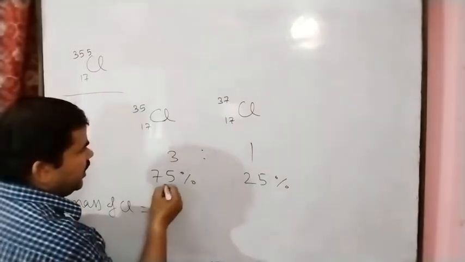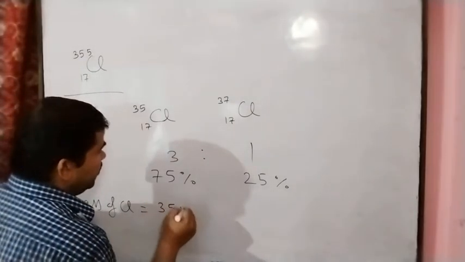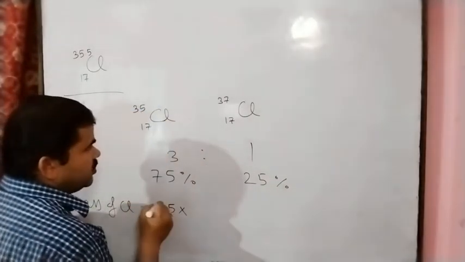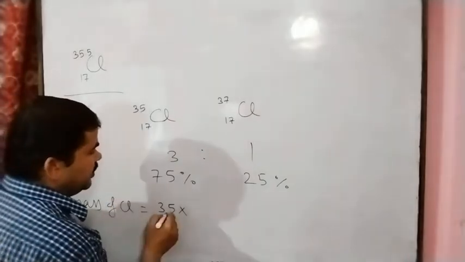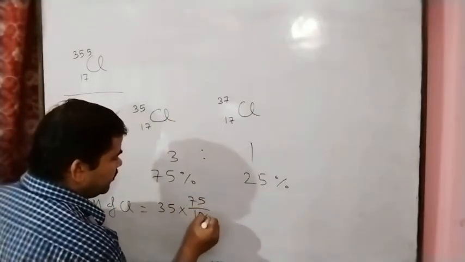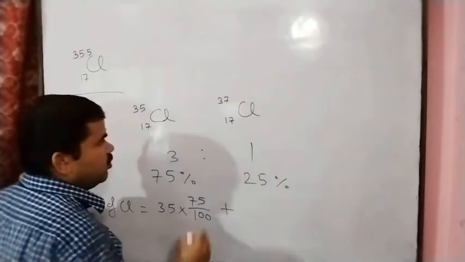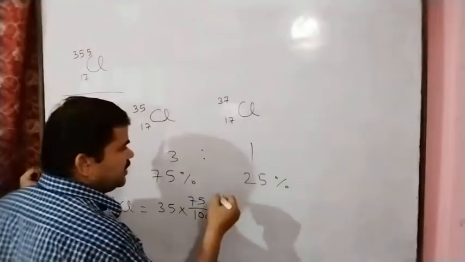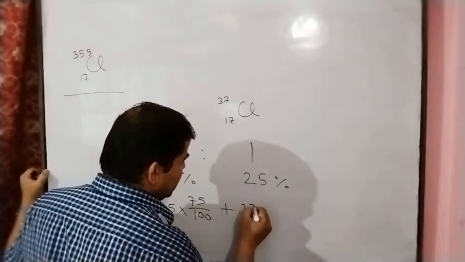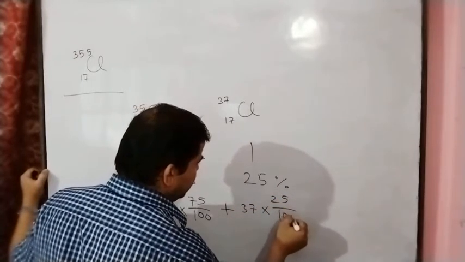So here 75%, so we write 35, because this chlorine isotope has mass 35. So 35 into 75 upon 100, plus this chlorine 37, found in nature at 25%, so 37 into 25 upon 100.